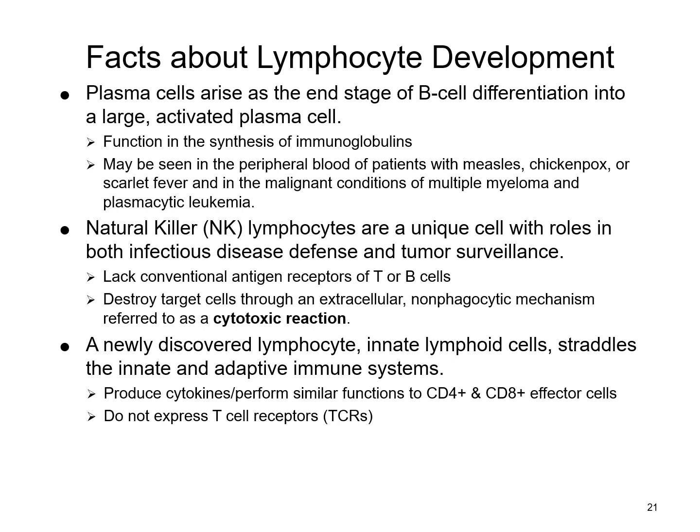plasmacytic leukemia. Your natural killer lymphocytes are a very unique cell that has a role both in infectious disease defense and tumor surveillance. They lack the conventional antigen receptors of T and B cells. They destroy target cells through an external non-phagocytic mechanism referred to as a cytotoxic reaction.